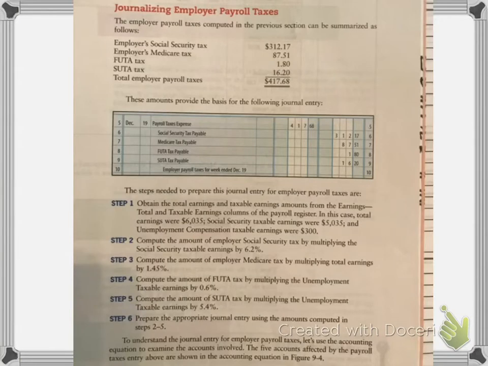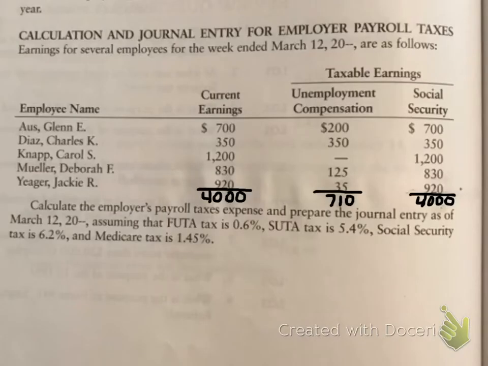Now step 2 says compute the amount of employer's Social Security tax by multiplying the Social Security taxable earnings times 6.2%. So going back, how much is taxable for Social Security? We said $4,000 is taxable for Social Security.